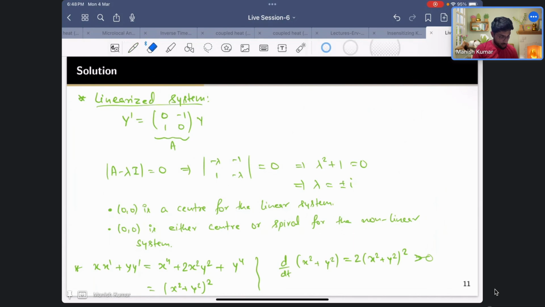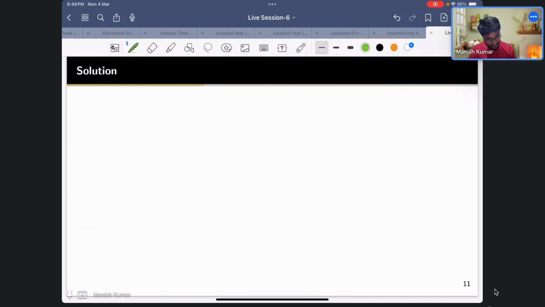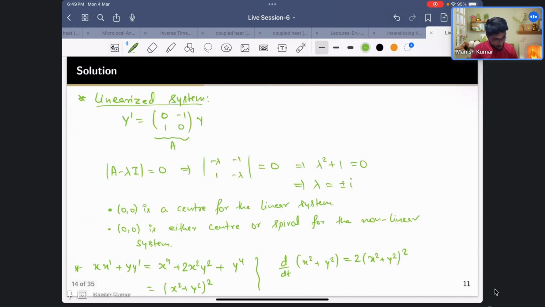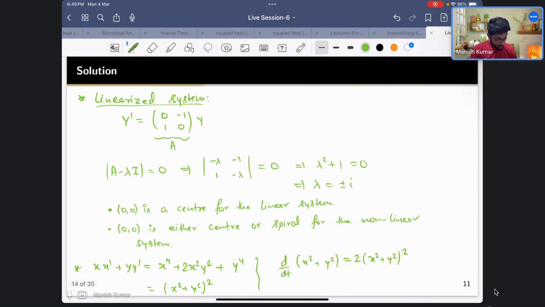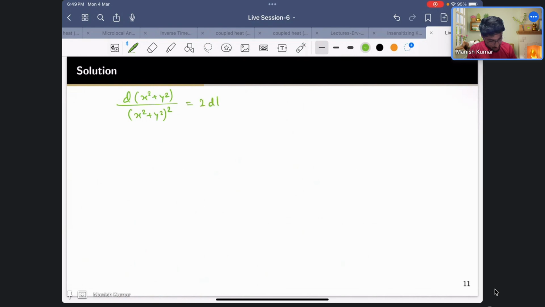But in fact, if you solve this differential equation, you can rewrite this as d of (x square plus y square) upon (x square plus y square) whole square equal to 2 dt. Now if you integrate both sides, what you get is minus 1 by (x square plus y square) equals 2t plus c.